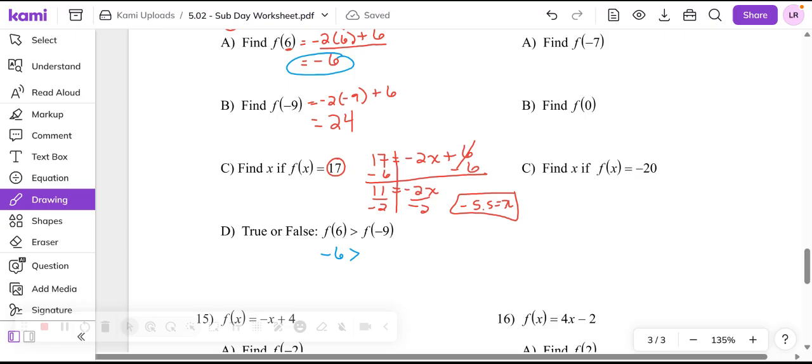F of negative 9, we got 24. And then I look to see if that's true or false. So this is saying that negative 6 is a larger value than 24. That is a false statement. It's not written right. Okay, so that is review over our function notation.